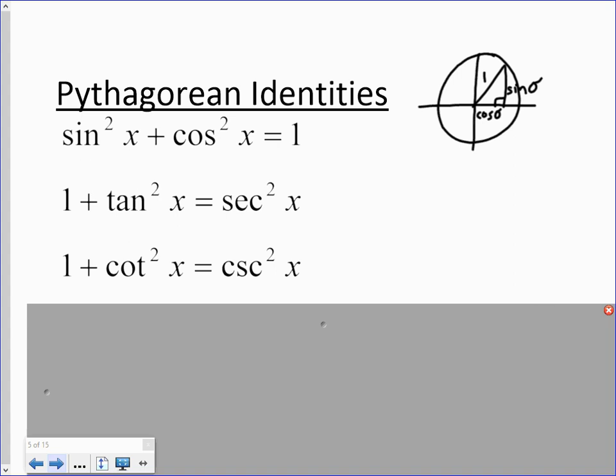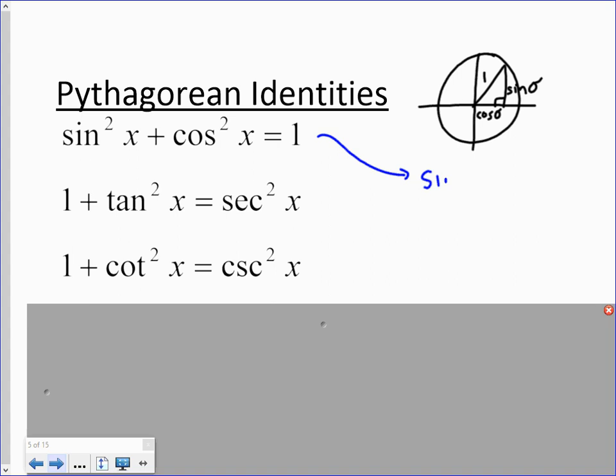With the Pythagorean identities, note that we have them written in these ways to start with, but you can always adjust them in different ways. Like sine squared x plus cosine squared x equals 1.